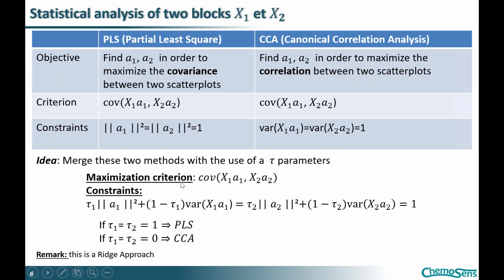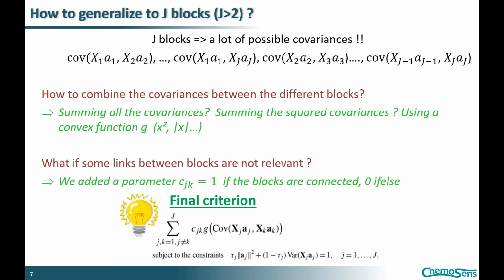You can see here that we can use a maximization criterion of the covariance with a constraint which is, very naturally, the linear combination of this constraint and this one. So you have a continuum between PLS and CCA, by choosing the tau parameter. So this was for 2 blocks.